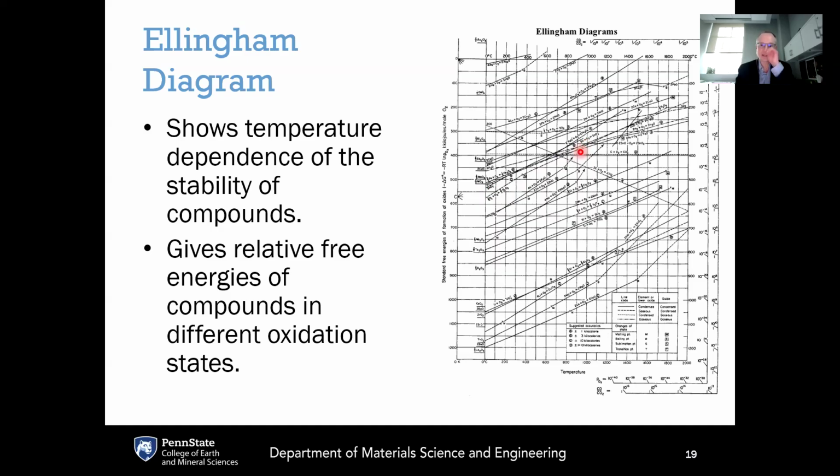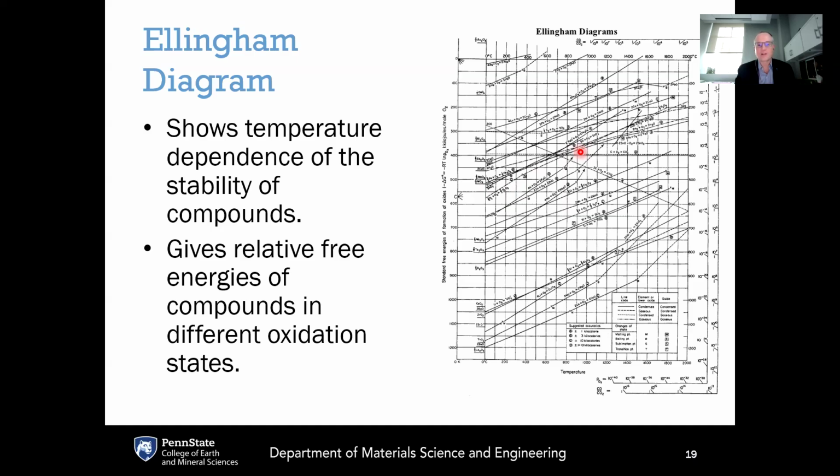Based on these diagrams, if you've got more than one polyvalent species, you can tell which ones are going to be more thermodynamically likely to consume the oxygen or release oxygen and undergo those types of redox reactions.